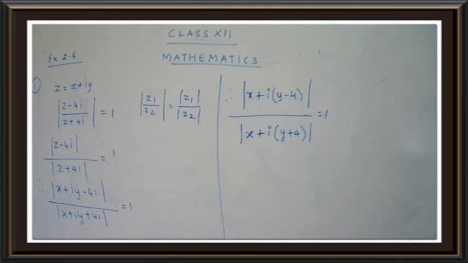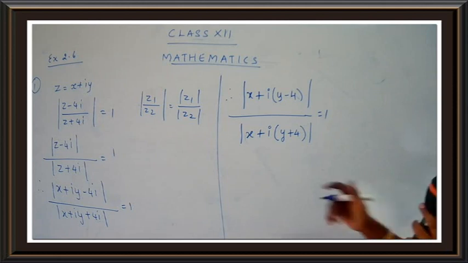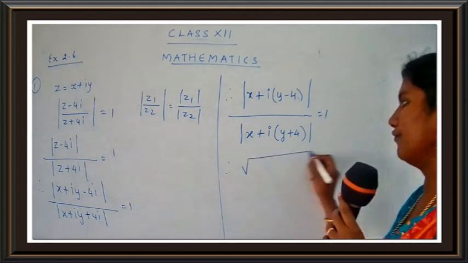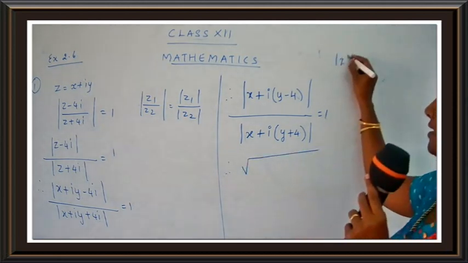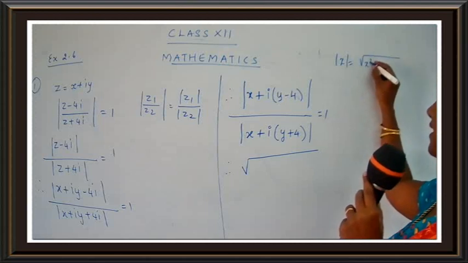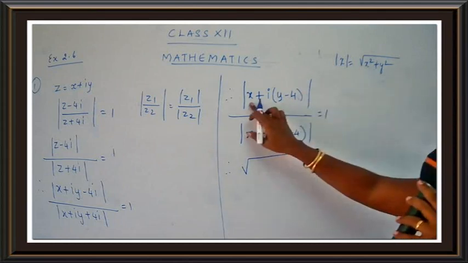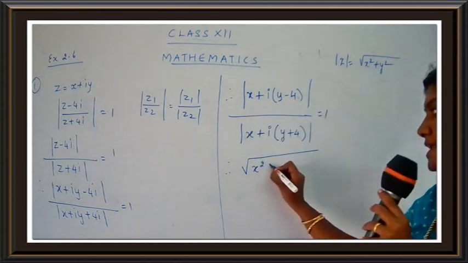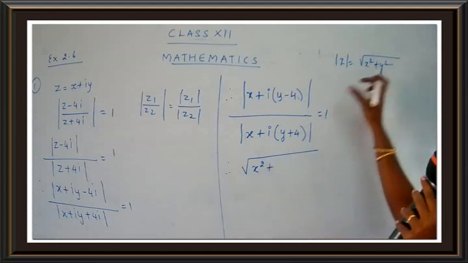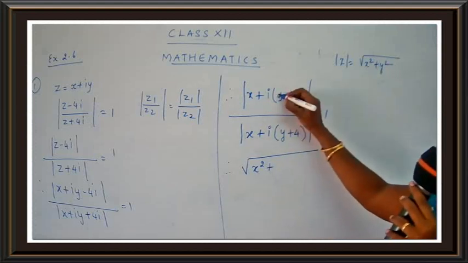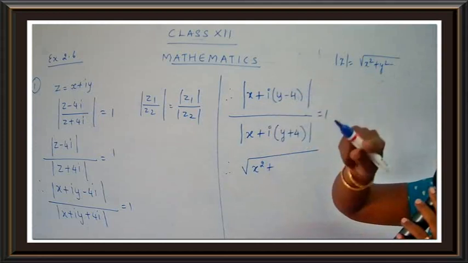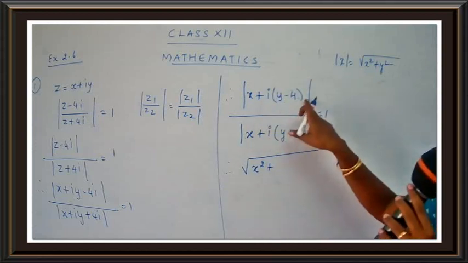So now we are going to apply the formula. You know the formula for modulus z? Remember the formulas? Square root of x square plus y square. What is x square here? x square plus y square. Y square means you have to take the imaginary part. Don't take i. We are not going to focus on i. We are going to focus on the imaginary part.